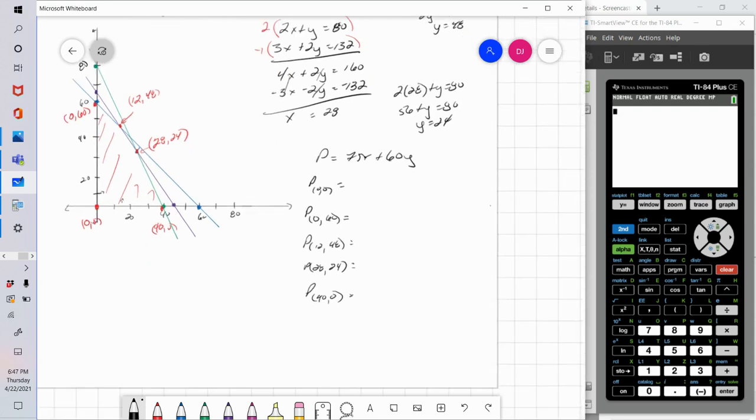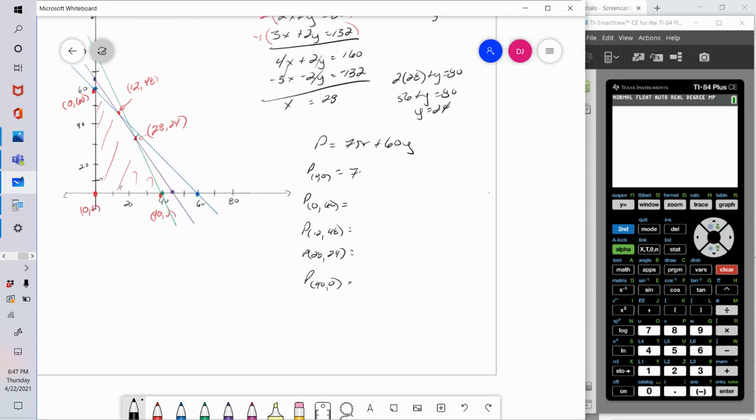Now recall that what we're going to do here, 75 times 0 plus 60 times 0, 75 times 0 plus 60 times 60. I'm just substituting the x value in for x and the y value for y in each of these equations.